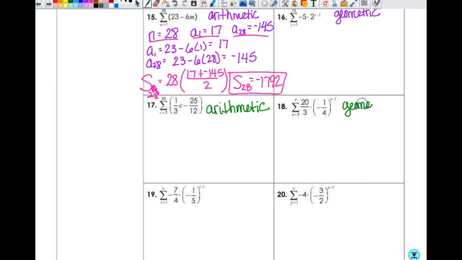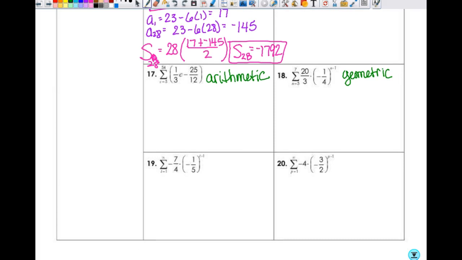Geometric. Okay, so we're going to do 18. And we're looking for the sum, so I'm using the sum of the series here. For this, I need A1, and I need N, and I need R, right? What is R? Negative 1/4, right? What is N?